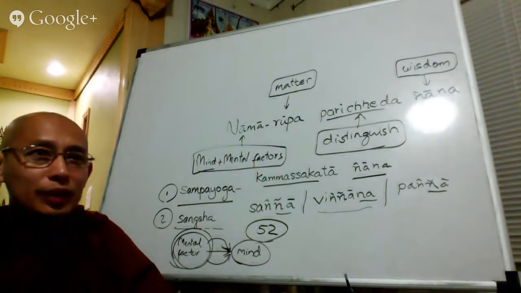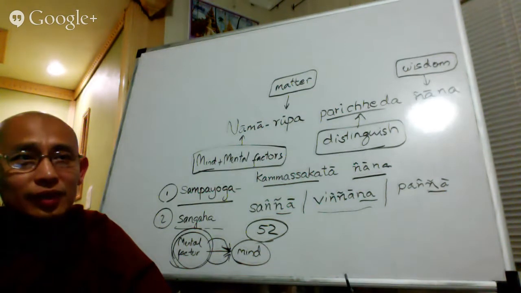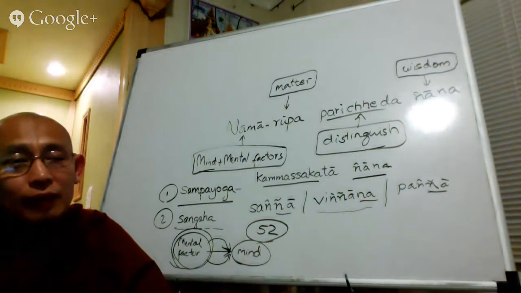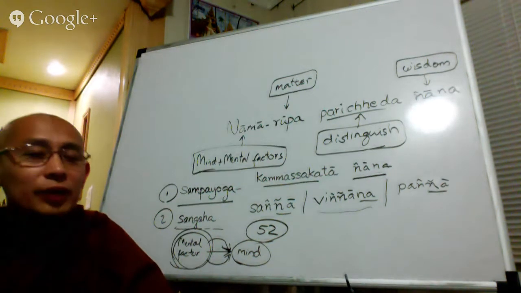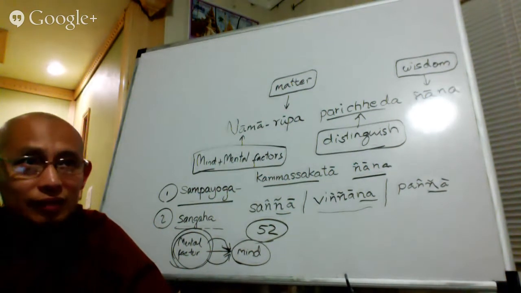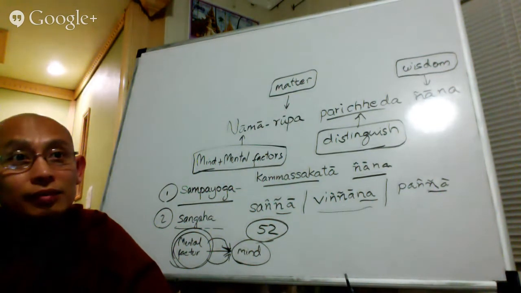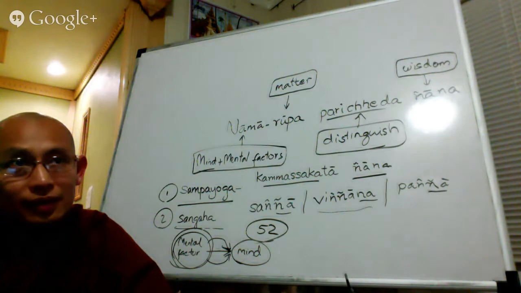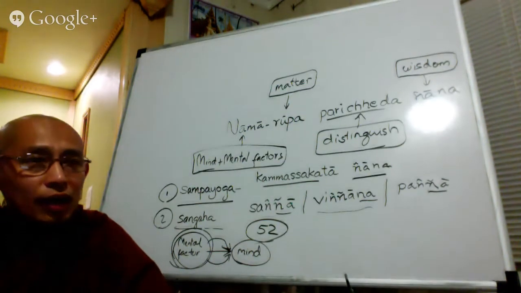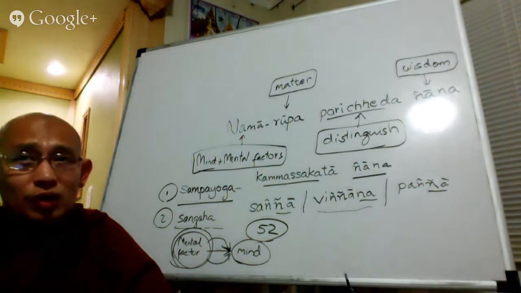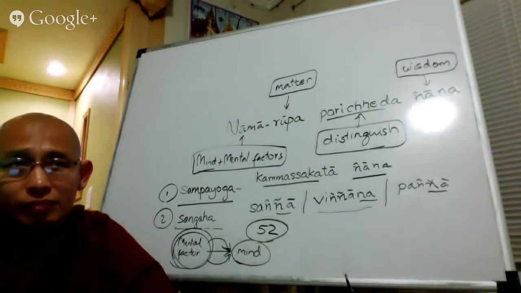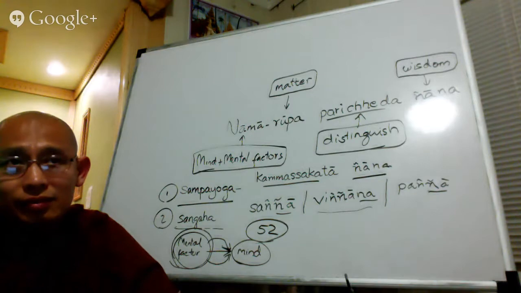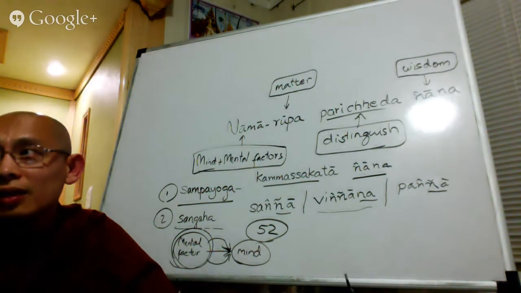Akusala vipaka means the effect, the result of the unwholesome. Kusala vipaka means the result of the wholesome mind. Because these sense consciousnesses are all resultant mind.